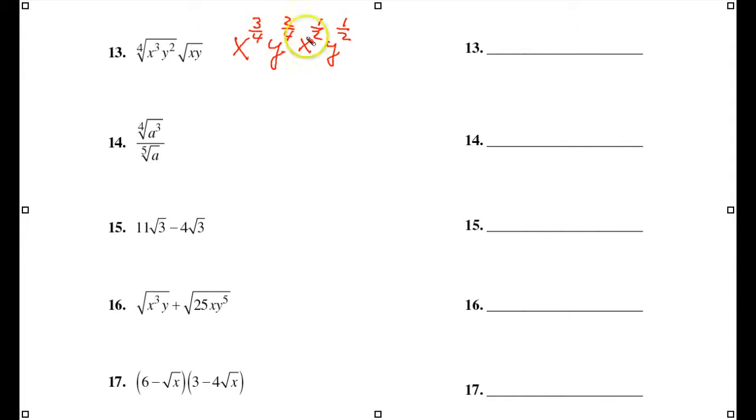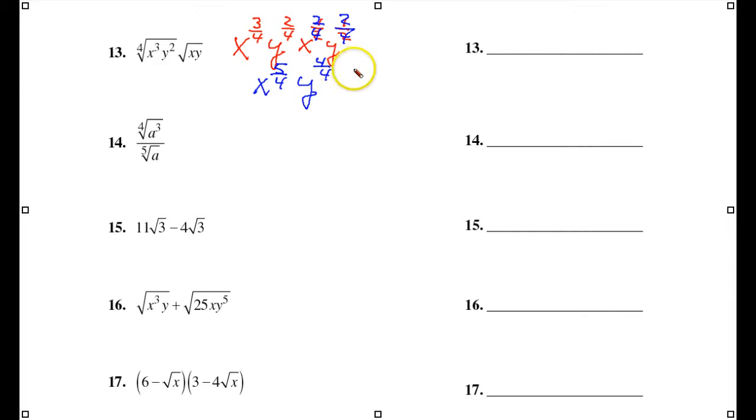Keep in mind, in order to do anything with them, though, we have to make these common denominators here. So it looks like our common denominator is going to be 4. So this becomes 2/4, and this becomes 2/4. Now we can work with our fractions here. This becomes x to the 5/4, and this becomes y to the 4/4.